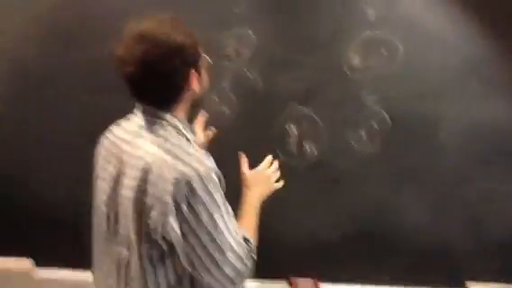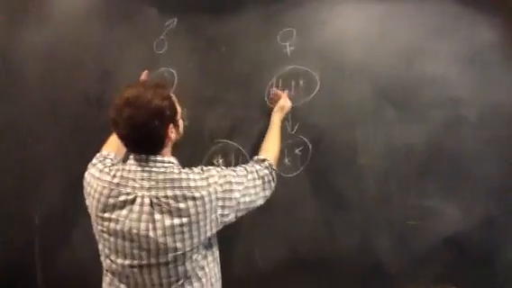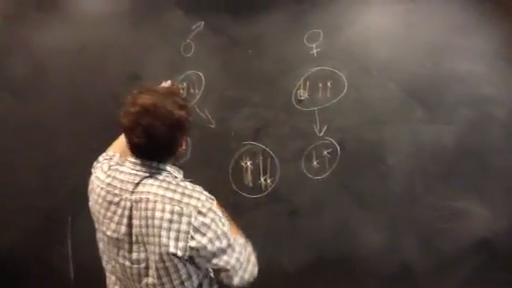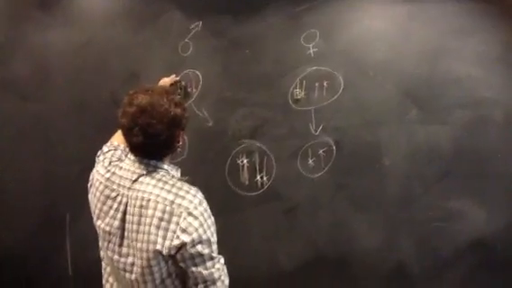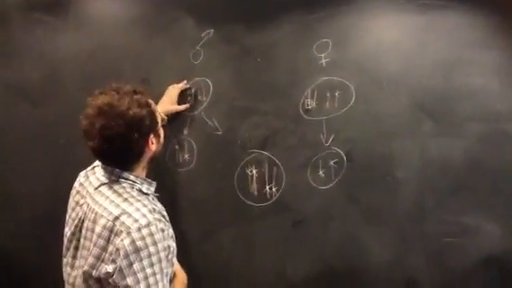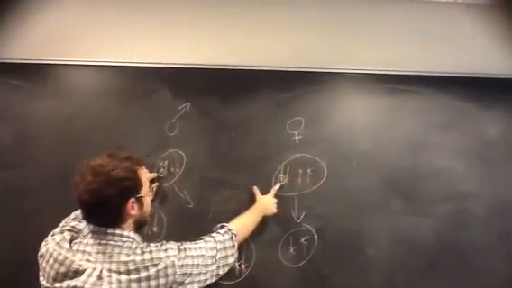The thing about silencing is that you have two chromosomes, one from the dad, one from the mom, and they get silenced differently, in different places. Say, for example, that in this chromosome, this gene leads to deafness.